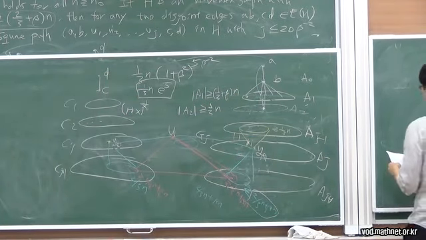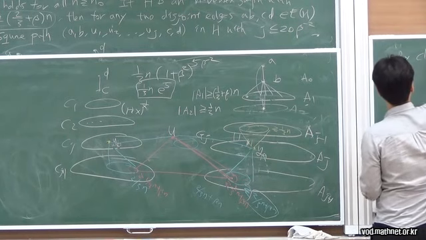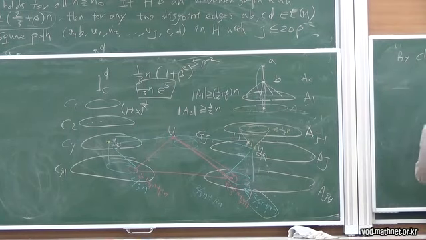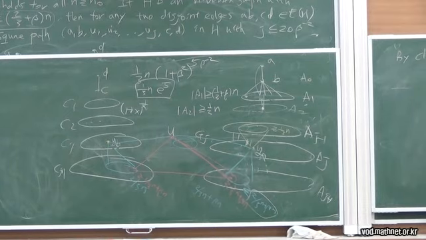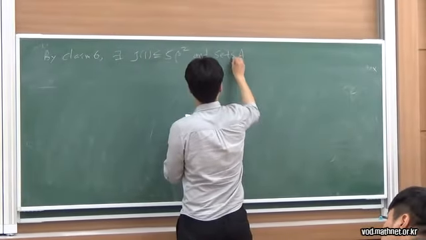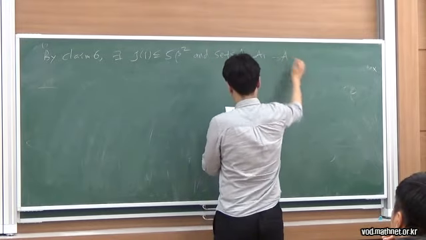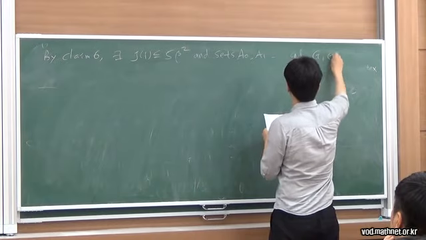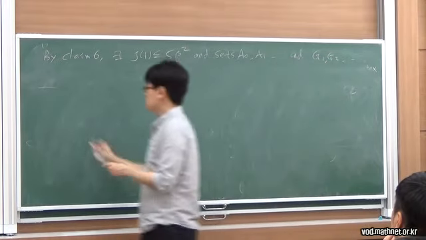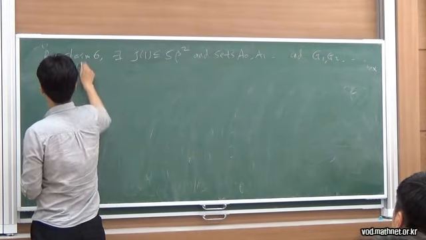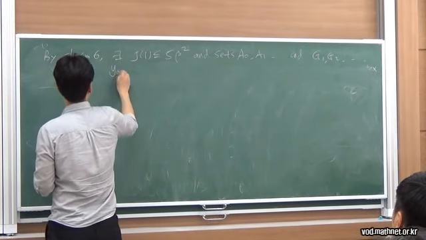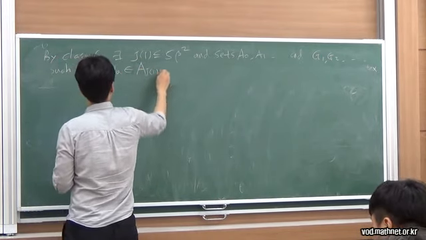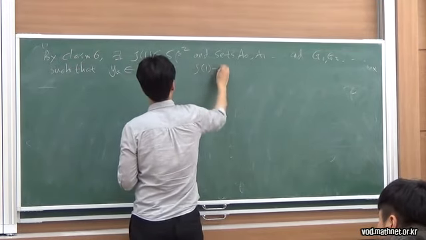So, by claim 6, there exists j1, which is at most m over 5 beta square, and sets a0, a1, and g1, g2, and so on, such that y sub a is in a sub j1 and is j sub 1 heavy.